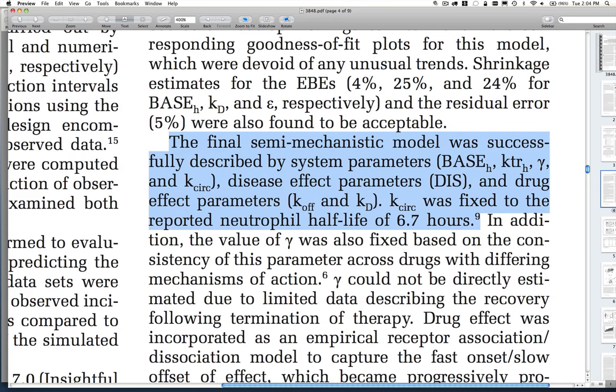So their K-circ term, they ended up actually fixing at a value of 6.7 hours. And so hopefully that helps to clarify that.